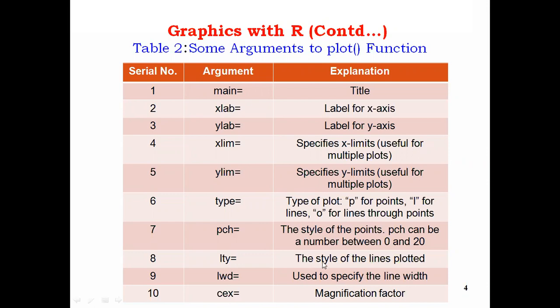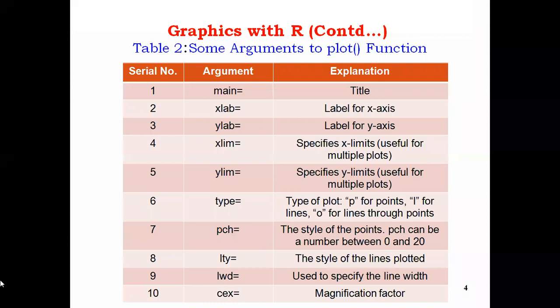If we write these numbers as text, they are blank, then solid, then dash, then dotted, then dot dash, and then long dash or two dash. I think all of you know what a dash symbol is, and solid you also know. So for this we are using 0, 1, 2, 3, 4, 5, 6. These we can use as the argument LTY in our R.